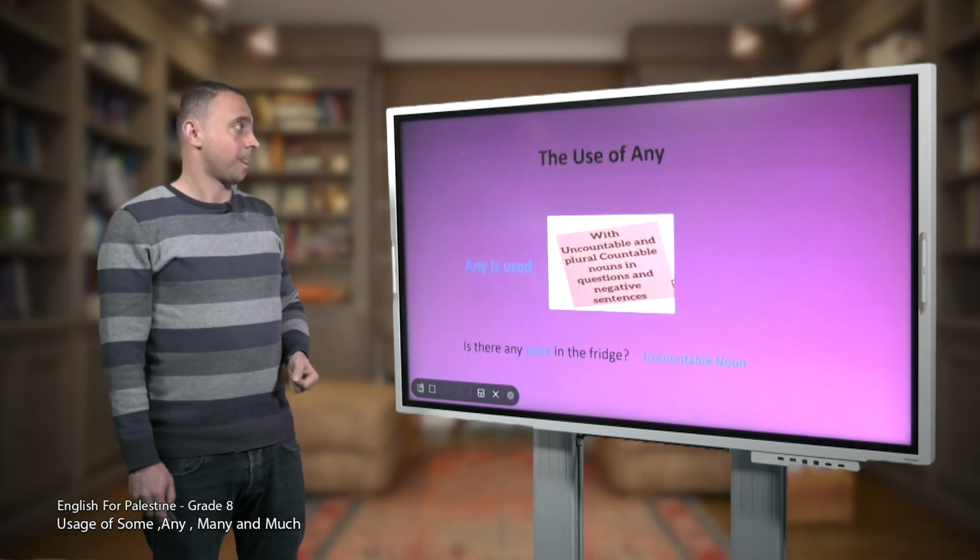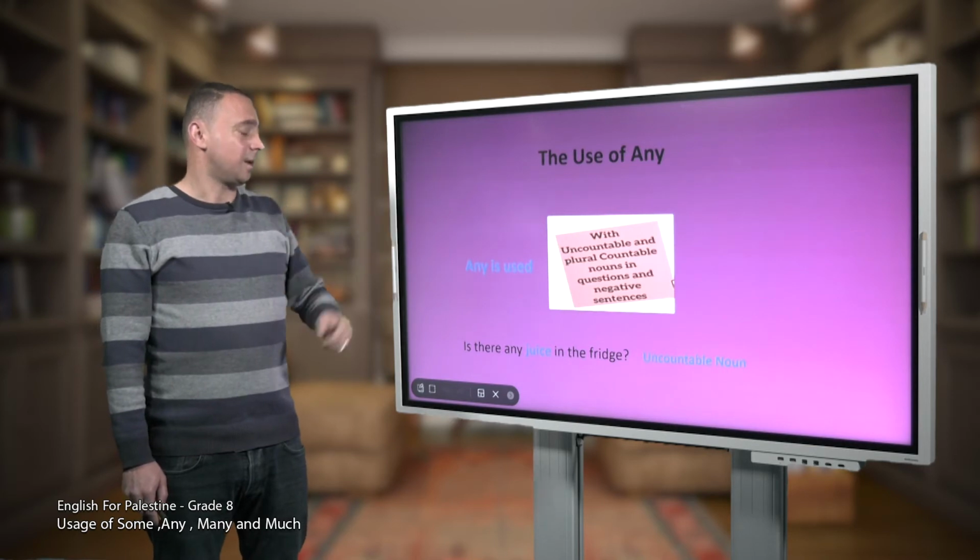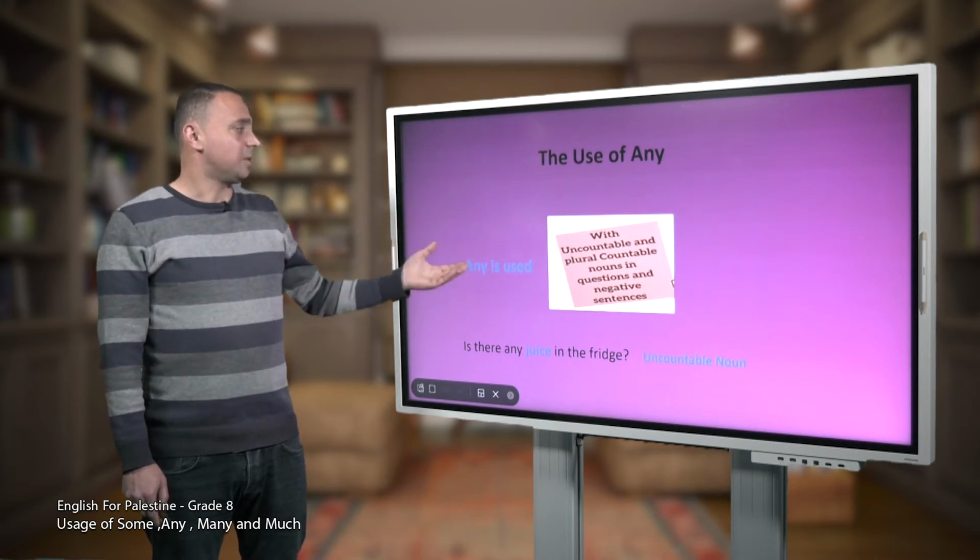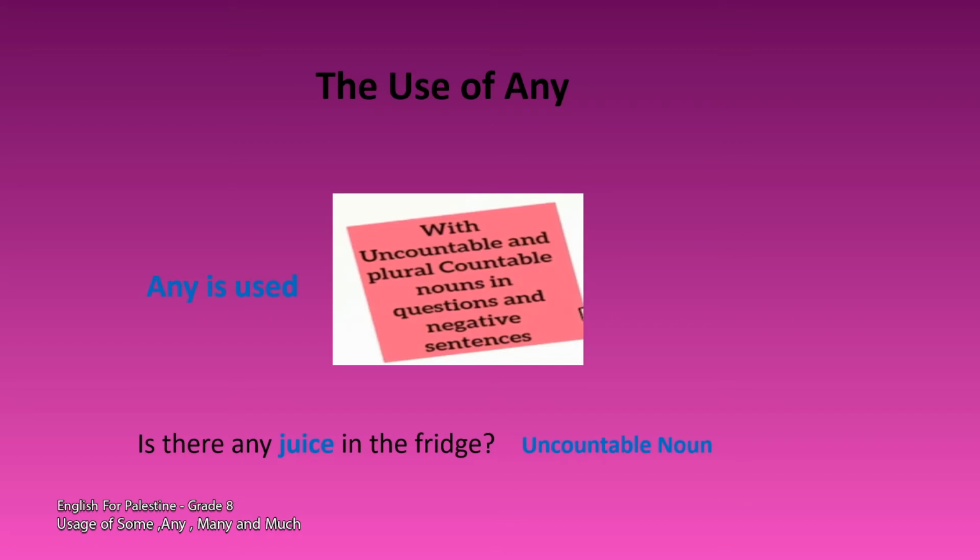Let's continue. What about the use of any? Any is used with uncountable and plural countable nouns in questions and negative sentences. Notice, any is used in negative statements and also in questions. Let's have an example.